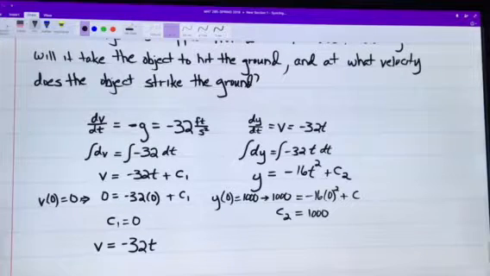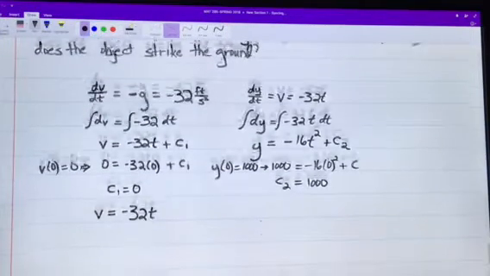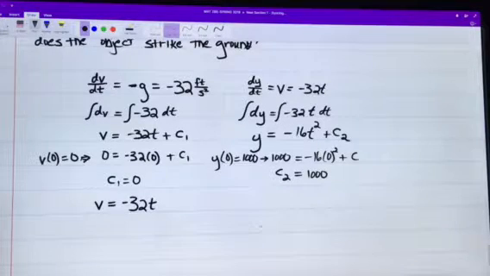And so in terms of the equation regarding the distance with respect to time, since the second constant is 1,000, y is equal to negative 16t squared plus 1,000.